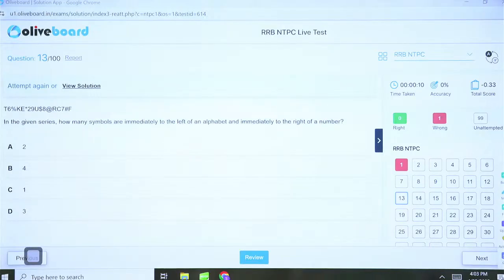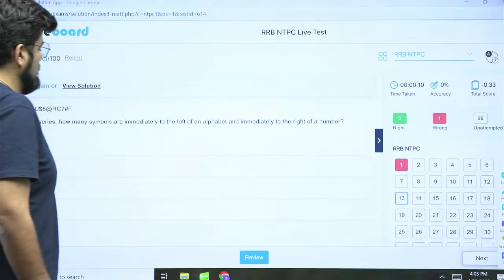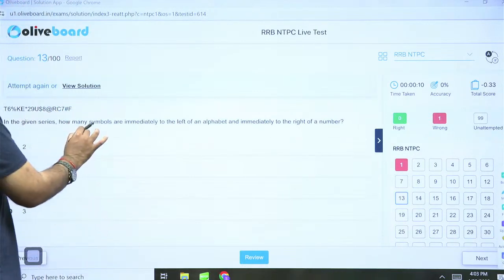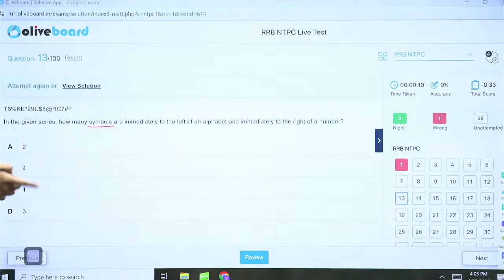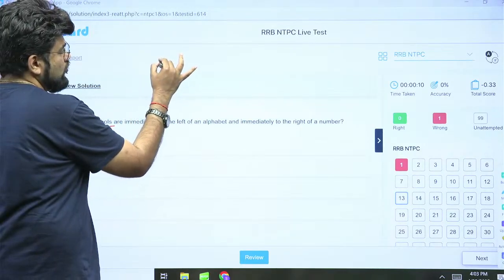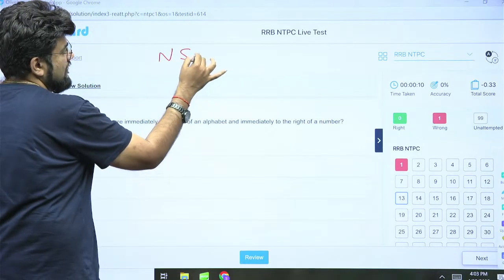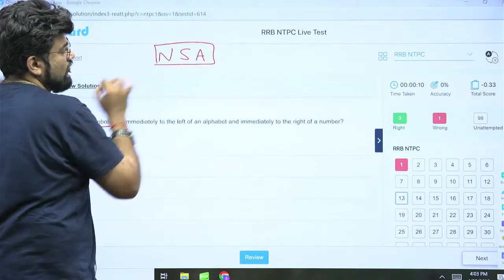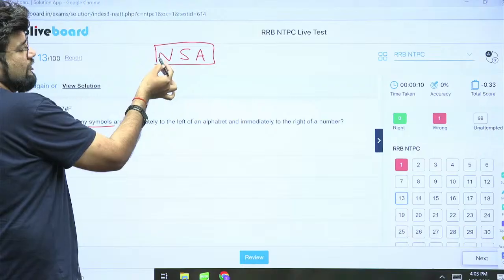Out here in this series, how many symbols are immediately to the left of an alphabet? So firstly, we are looking for symbols. They should be left of an alphabet and immediately to the right of a number. So the order should be number, symbol, alphabet. This is the order you are looking for.